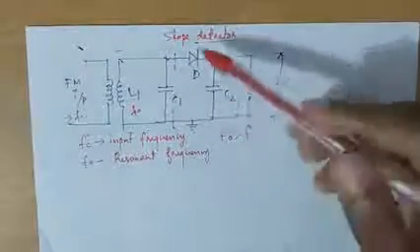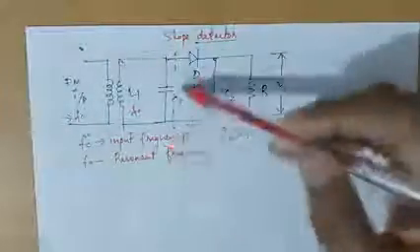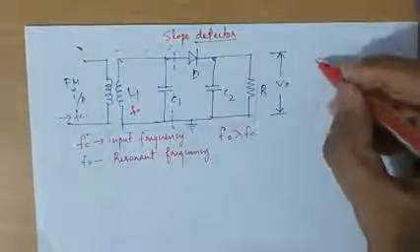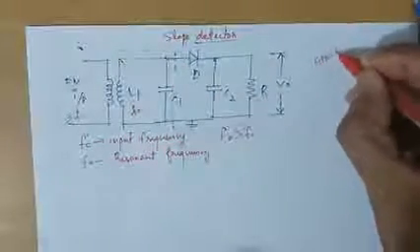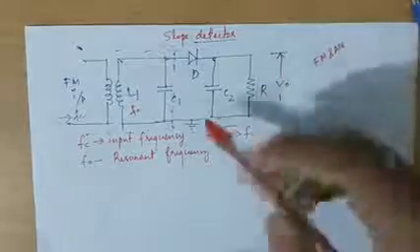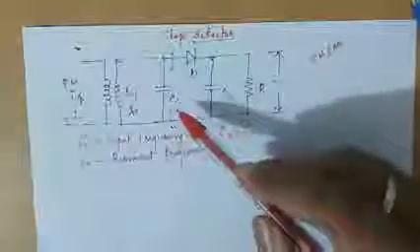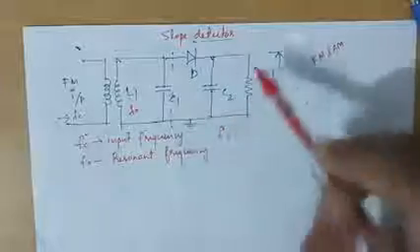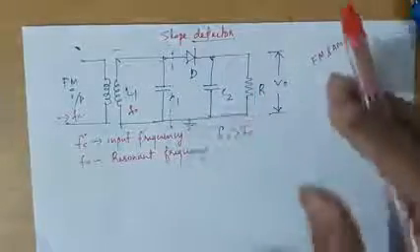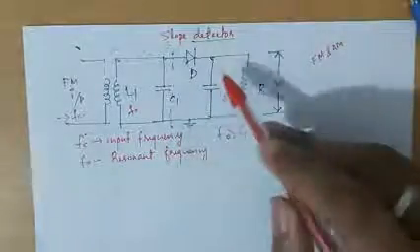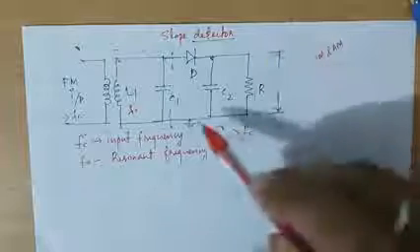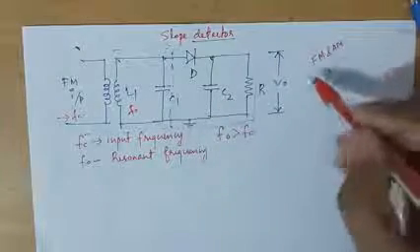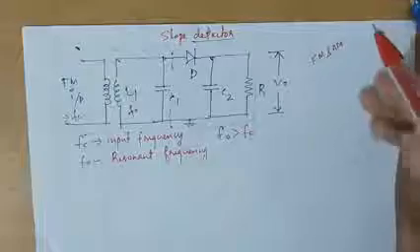I have already said this is the frequency selective network. The output of the frequency selective network will be a mixture of FM and AM. This is given to the envelope detector. The diode, resistor and capacitor form an envelope detector, which will demodulate the message signal from this FM and AM mixture.